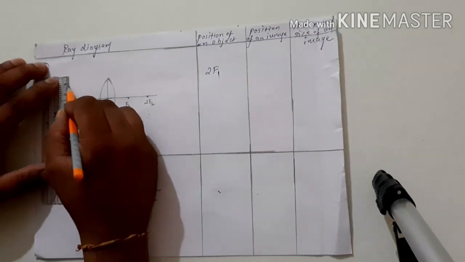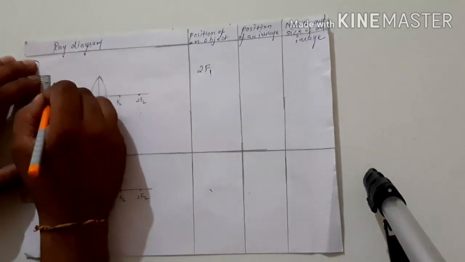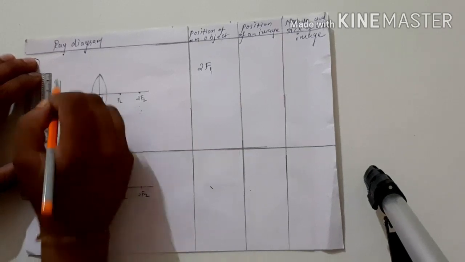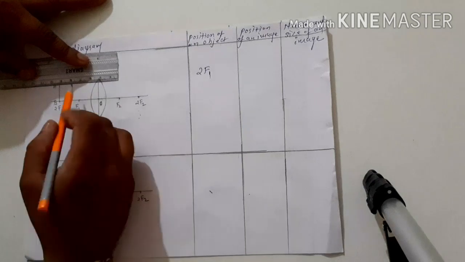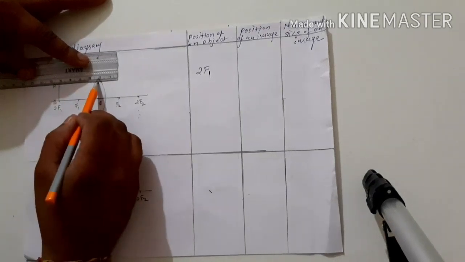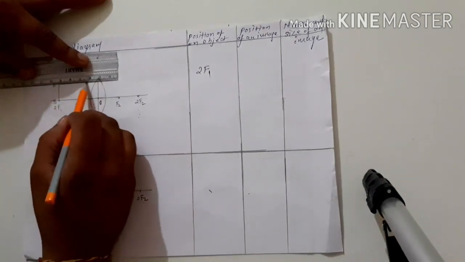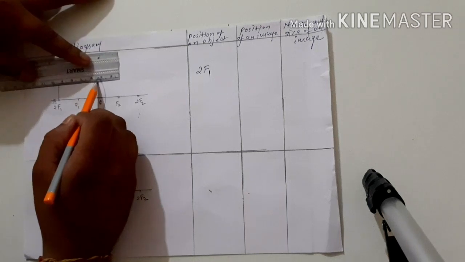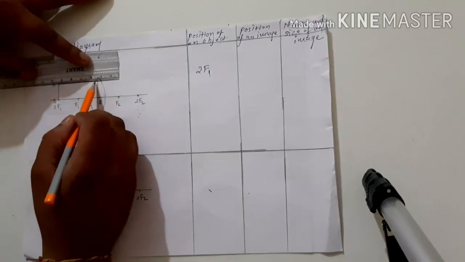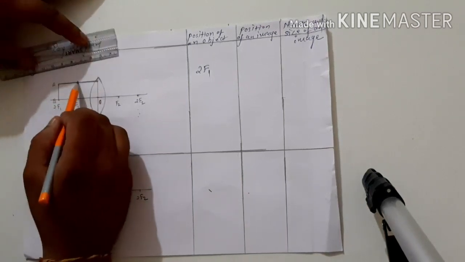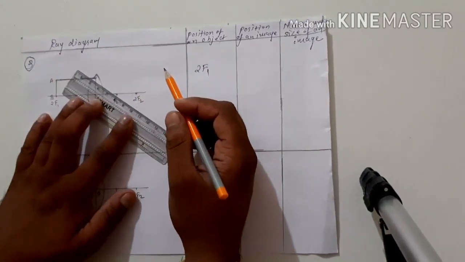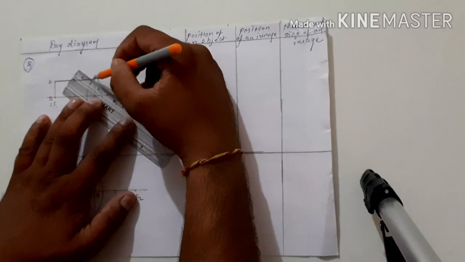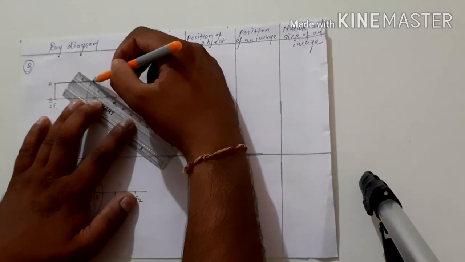Suppose it is at 2F1, and here it is AB. The first ray, which is parallel to the principal axis, will pass through F2 on the other side, like this.